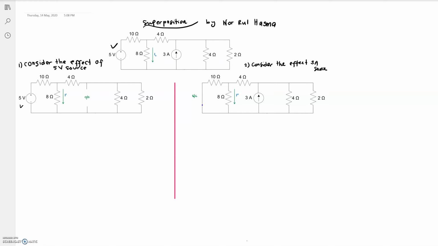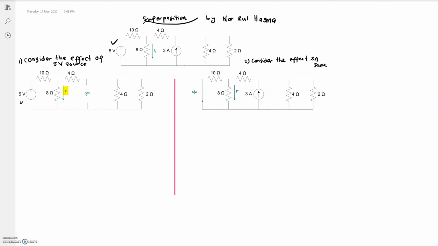Then find the I prime, as shown in the circuit here, using any method that you already learned previously. I can choose either nodal or mesh.